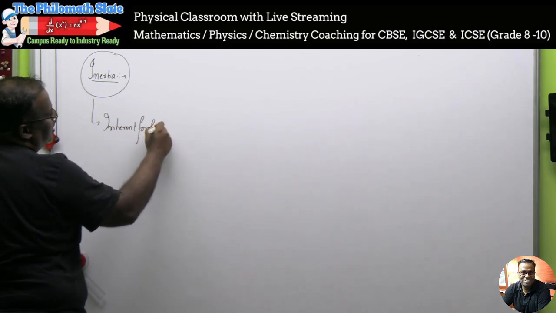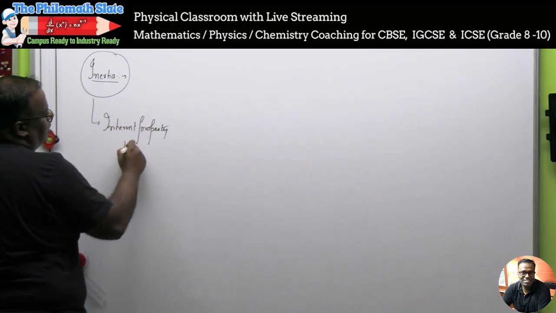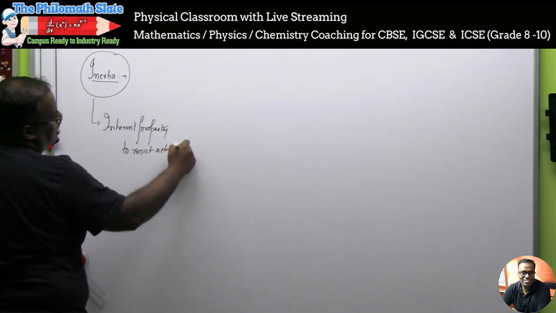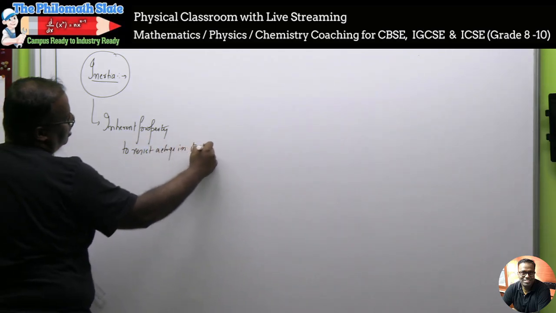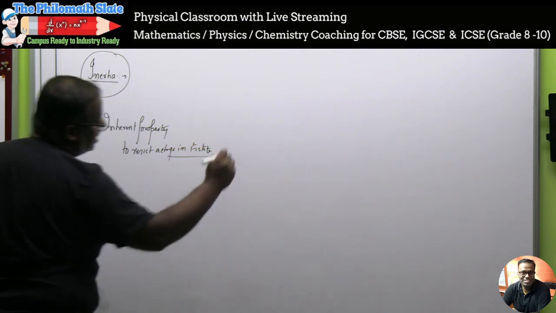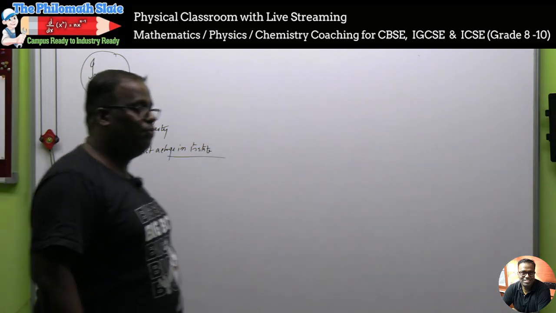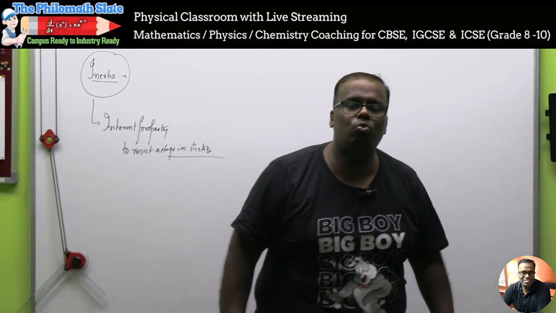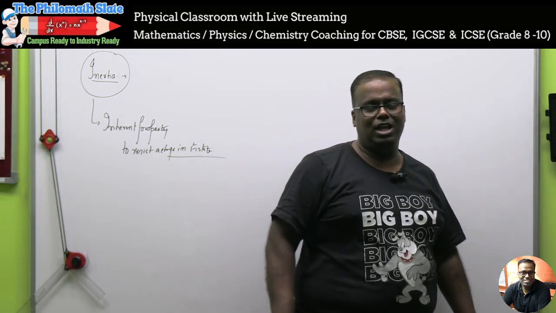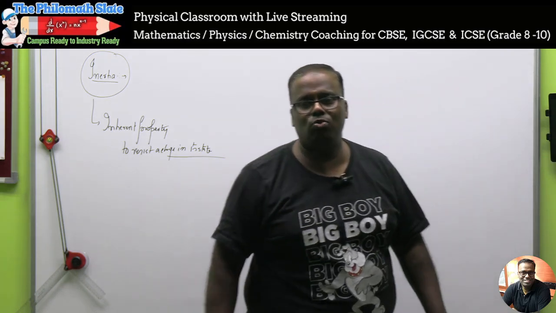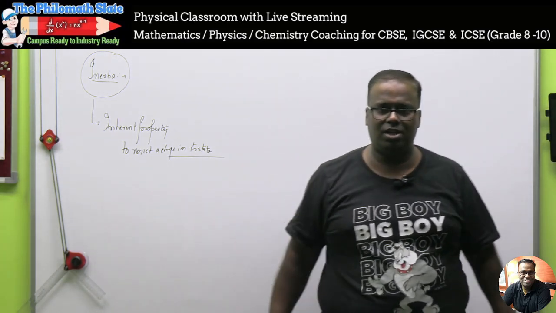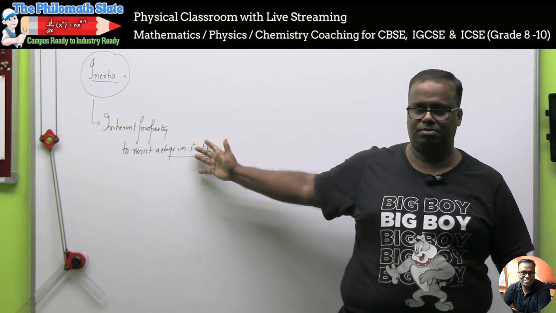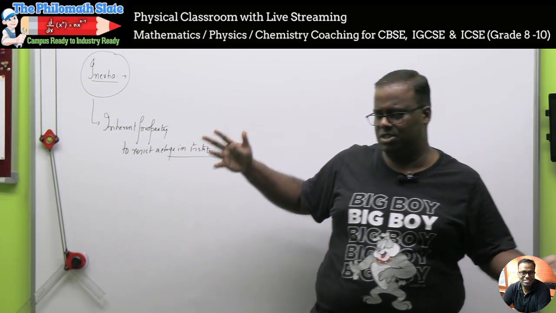Every body has this, to resist a change in its state. Meaning, if you are in motion, you don't want to stop, and if you are at rest, you don't want to get into motion. Is this making sense? That is called inertia. Now let's see some examples of inertia.